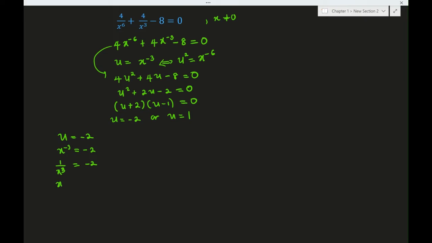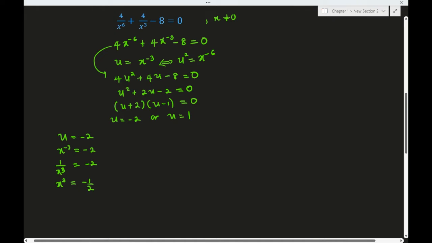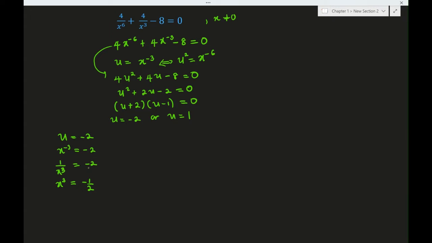So if you flip both sides, it means that x cubed is going to be minus 1 over 2. You flip the left hand side, you flip the right hand side. Remember, this is like 2 over 1. Now, what will be x? x will be the cube root of minus 1 over 2.